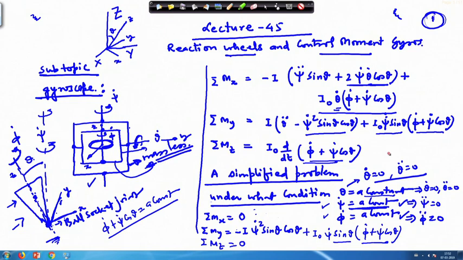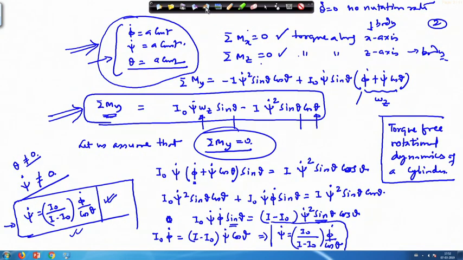Okay, so, we started in the 45th lecture by taking a gyroscope, okay, we wrote the equation of the gyroscope already. Then we assumed that phi dot is constant, psi dot is constant and theta is a constant.